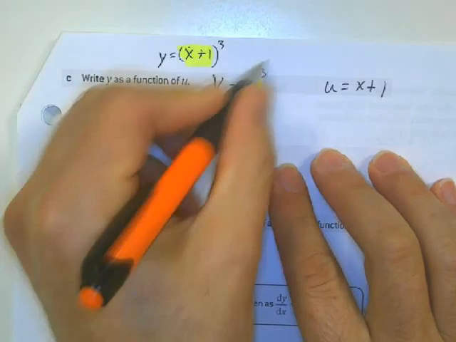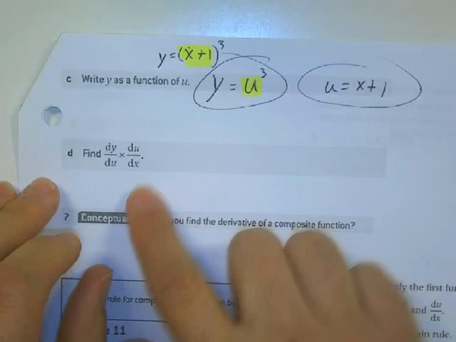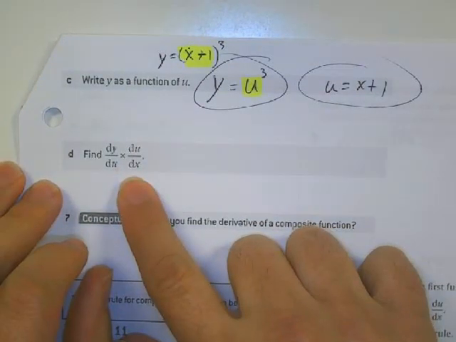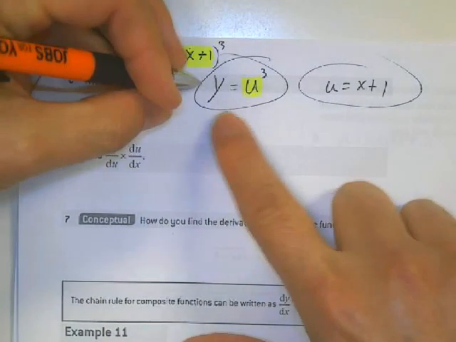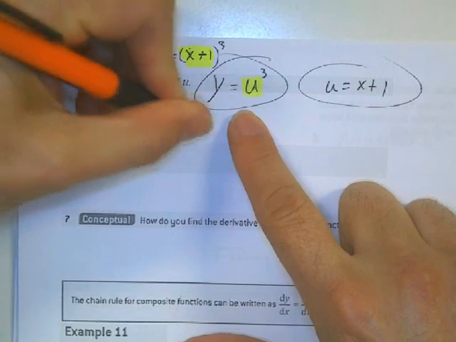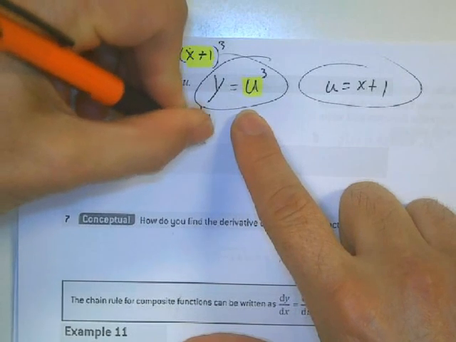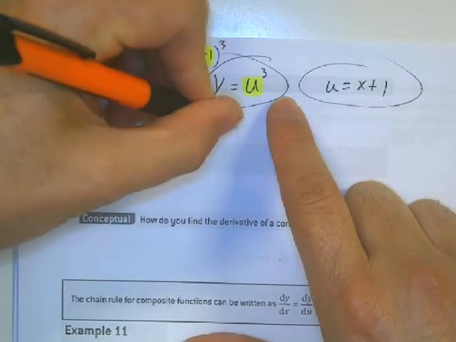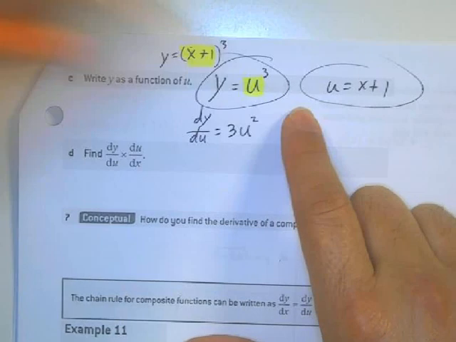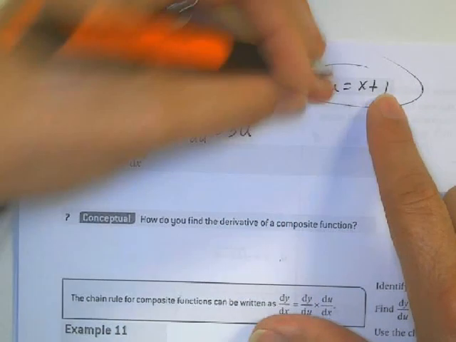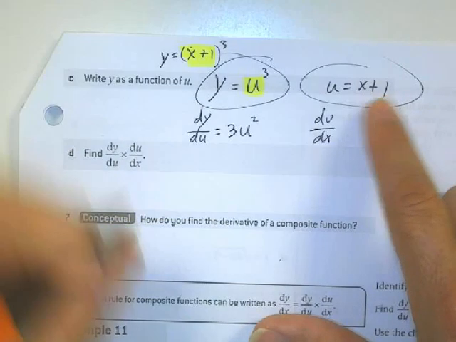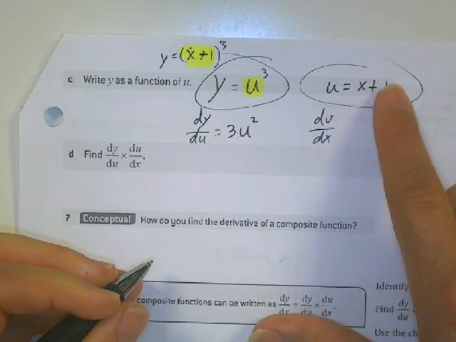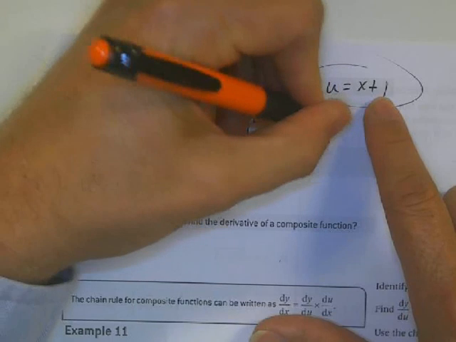Okay? All right. Now, before we do this part right here, the derivative of y, so we can say dy/du is equal to, the derivative of this is 3u squared, and for du/dx, well, the derivative of 1 goes away, and the derivative of x is 1.